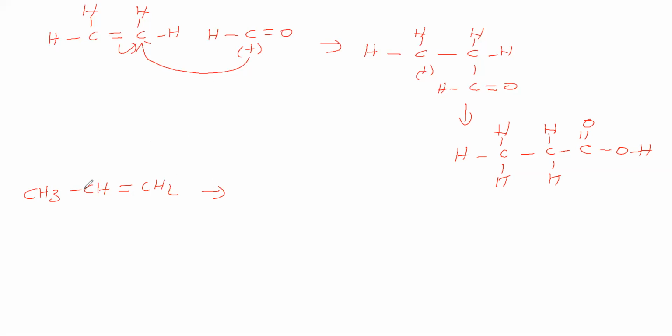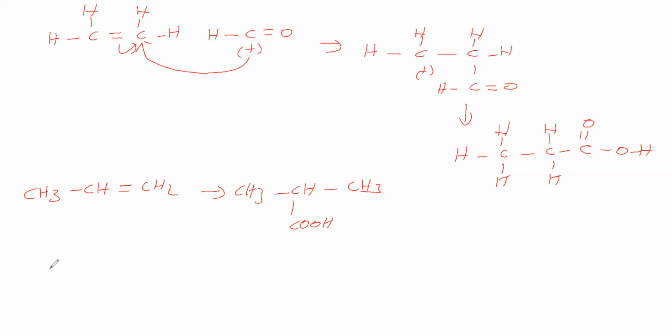Therefore, at this carbon only, carboxylic acid comes, and CH2 becomes CH3. So this is the product we are getting. In this Koch reaction, we can prepare carboxylic acid.